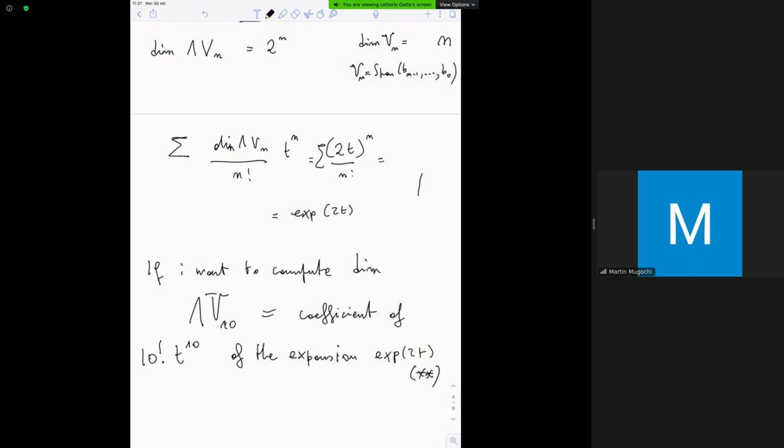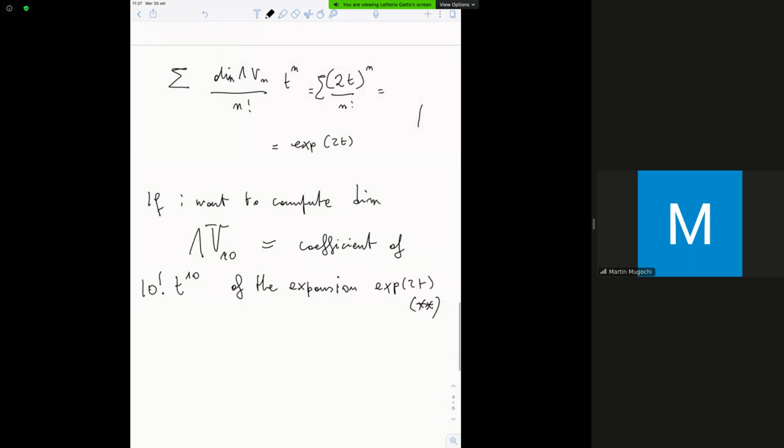We wrote exponential of 2t, which means 1 plus 2t plus 2t squared over 2 factorial plus 2t cubed over 3 factorial, etc. Okay, so we know that the coefficient of t to the n is precisely the dimension of the exterior algebra of the vector space of dimension n divided by n factorial.